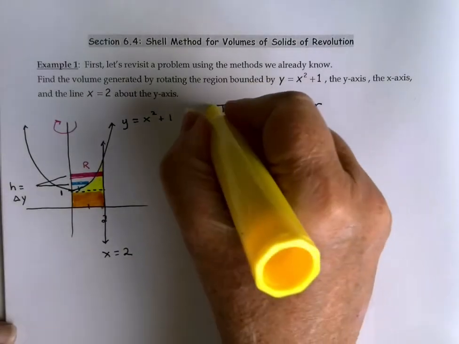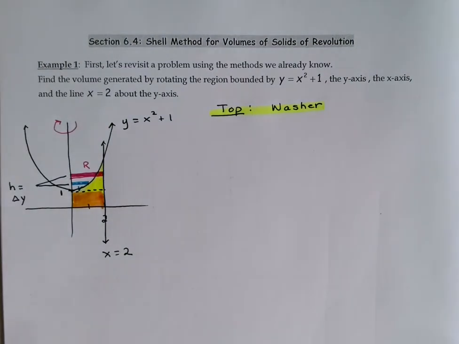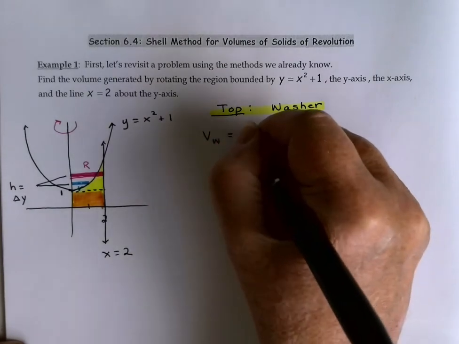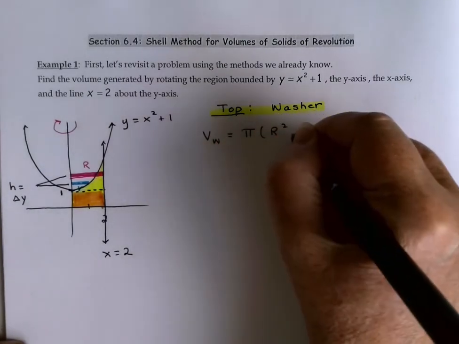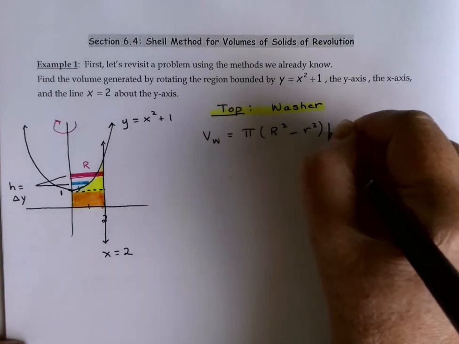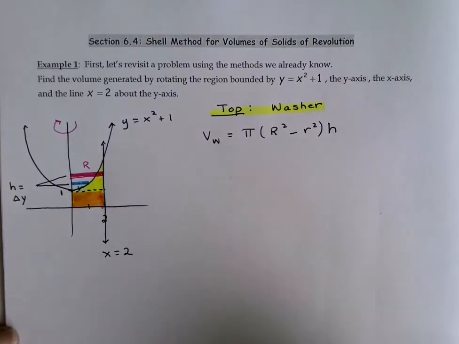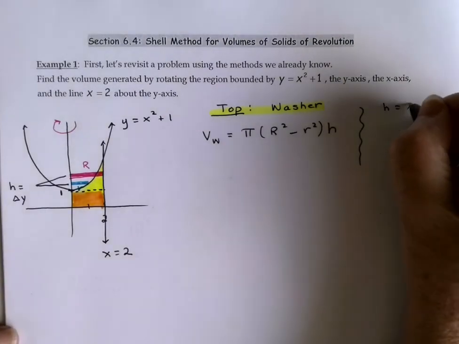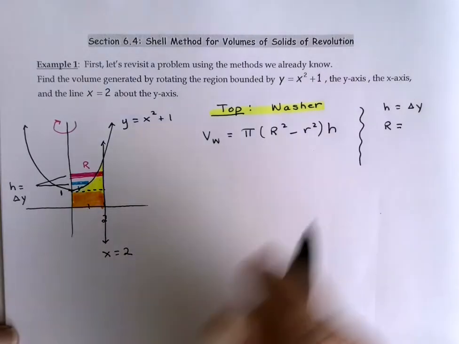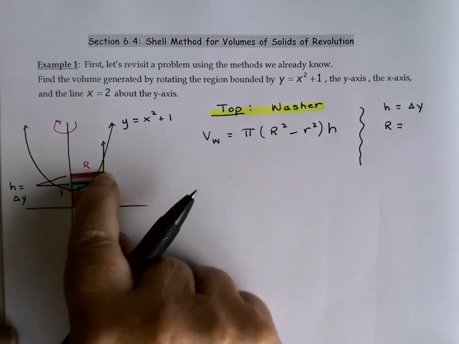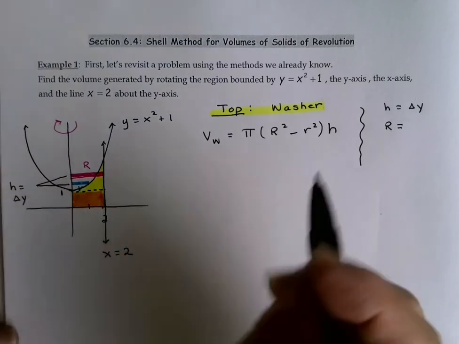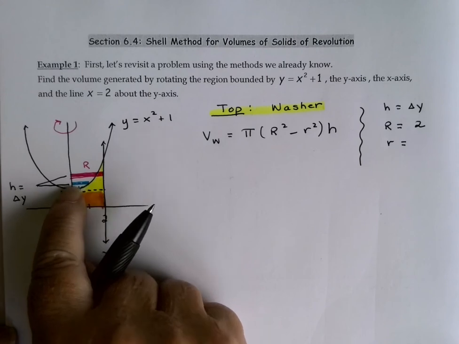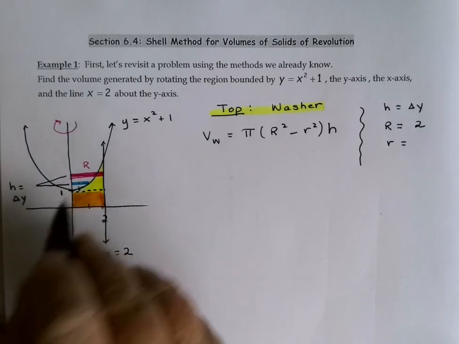So let's go ahead and run the washer method for that top section. The volume of a washer, and in this particular case, H is delta y, capital R would be just 2, right? Technically 2 minus 0, or just 2. And little r, let's see, we're doing horizontal rectangles, so we would have to have this be an x equals.